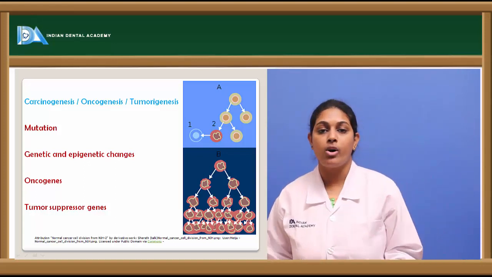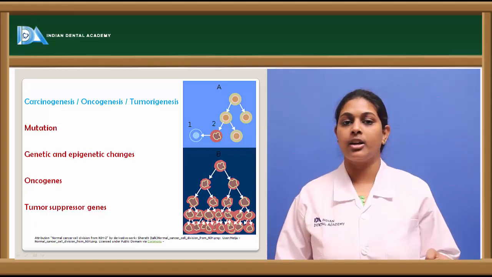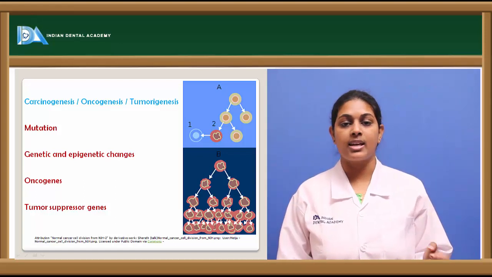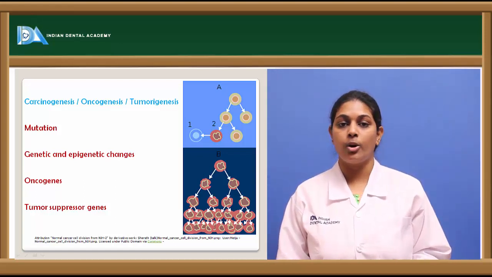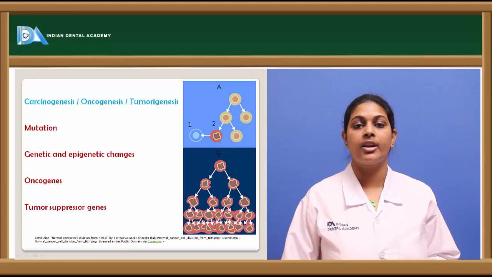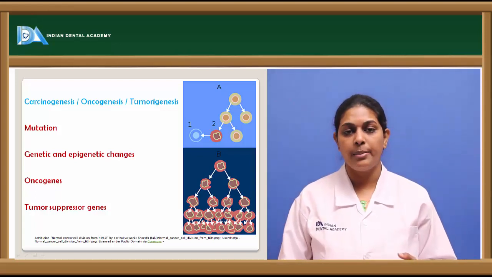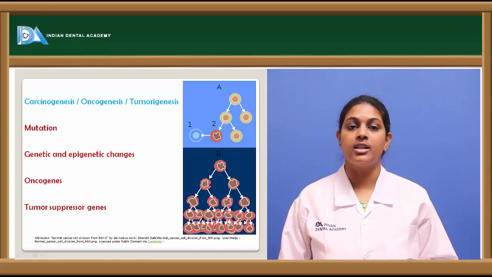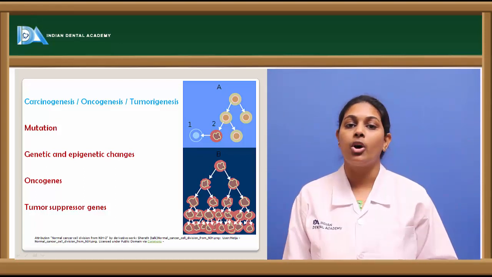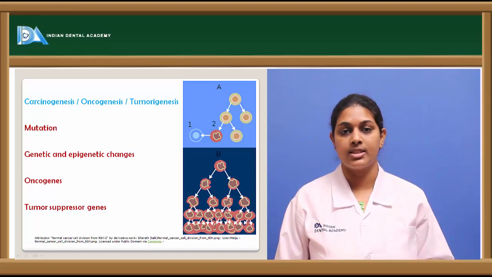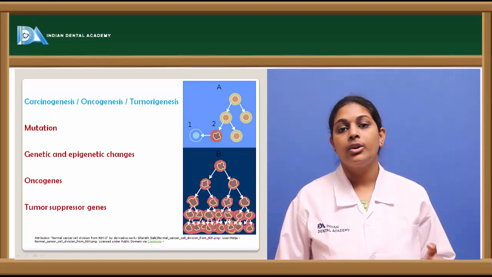So these are the four sets of genes which usually regulate normal cell growth, whereas in a tumor cell or a neoplastic cell, which is a malignantly transformed cell, these genes are also transformed. Usually proto-oncogenes normally control the growth activity.